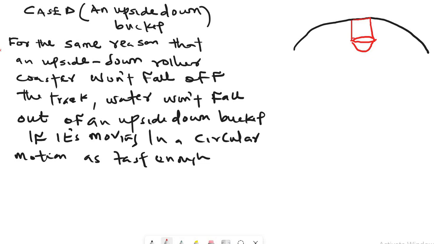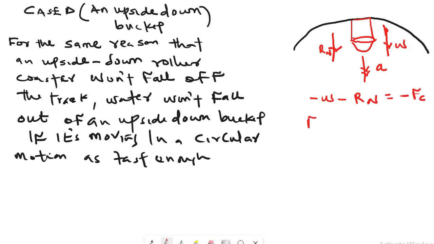Now, of course, we have the normal reaction is down, and of course, the weight is also down. Acceleration is also down. So in this case, our resultant force, that's minus weight minus normal reaction, will give us minus centripetal force.